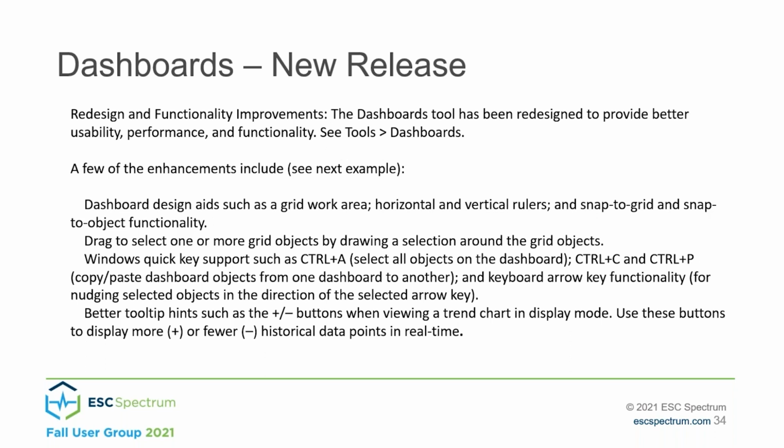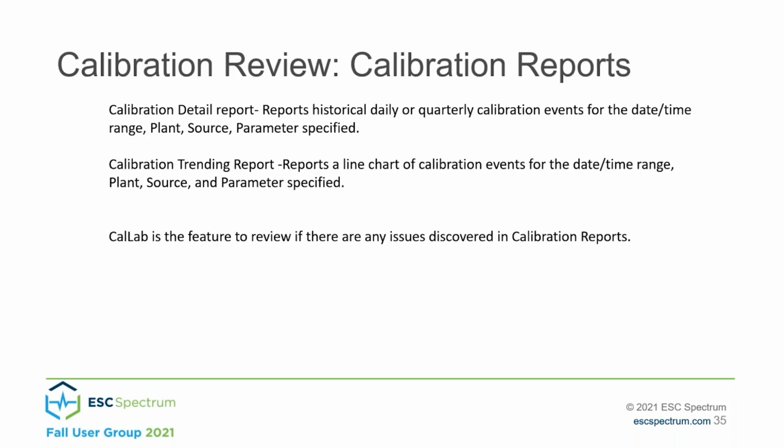We're going to talk a little bit about what if your data pertains to calibrations? Well, you first might learn about a calibration issue by pulling up a calibration detail report. That's 99% of the time where people are getting their information first.